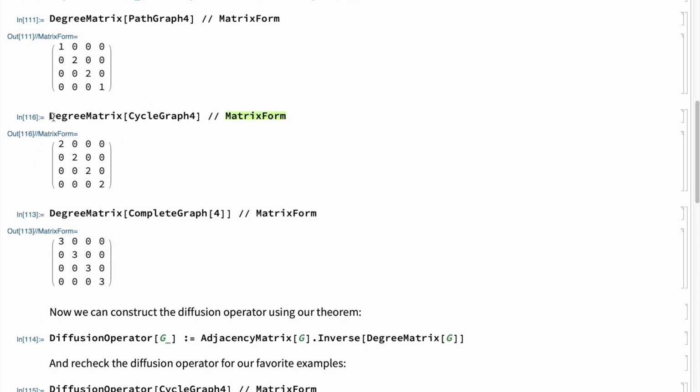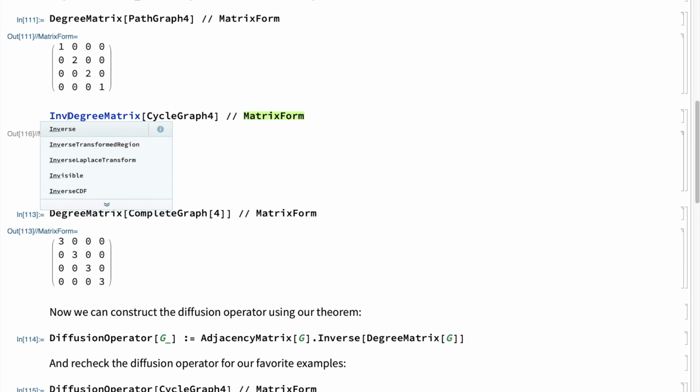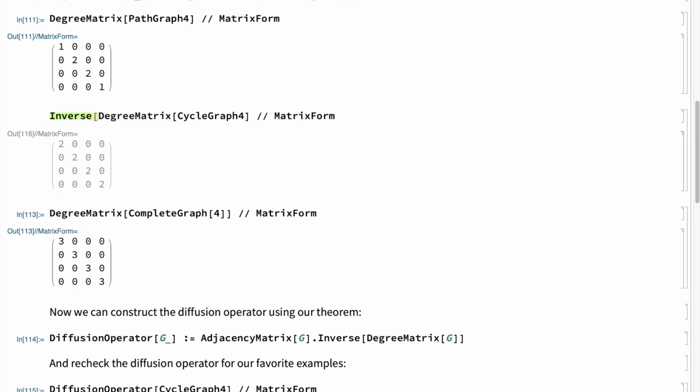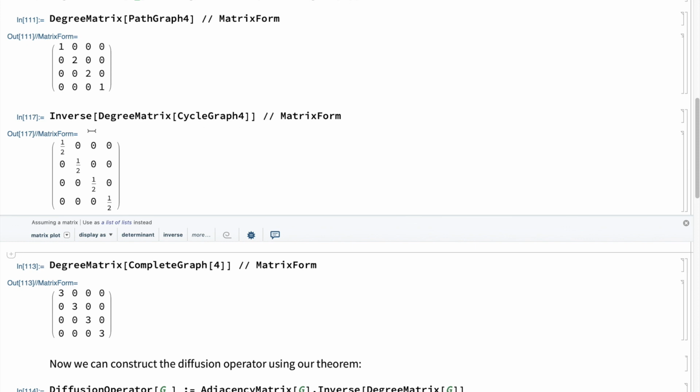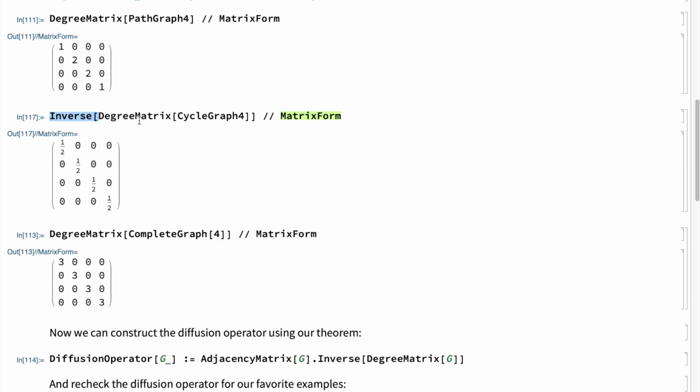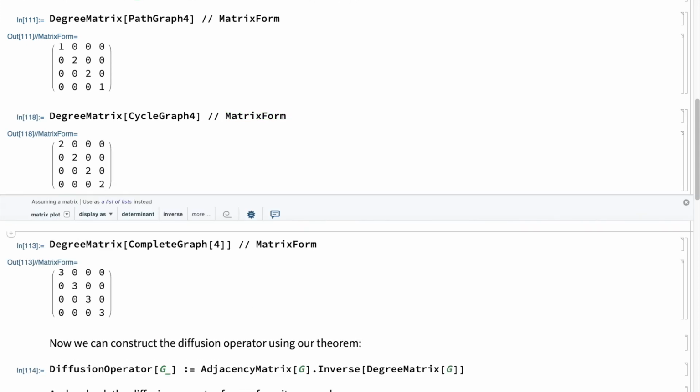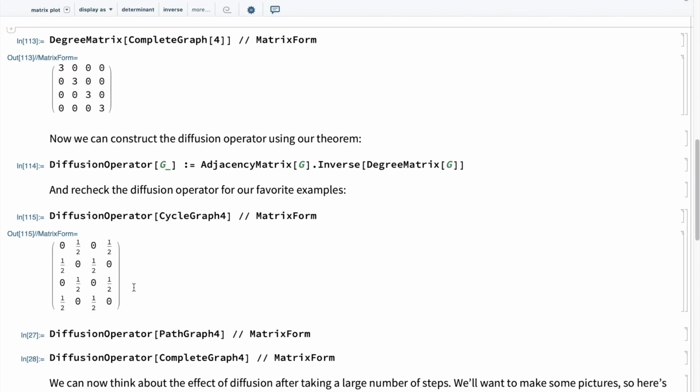So if we were to take the inverse of that matrix, we would see 1/2 down the diagonal. And those are the 1/2s that we see scattered around in the diffusion operator.